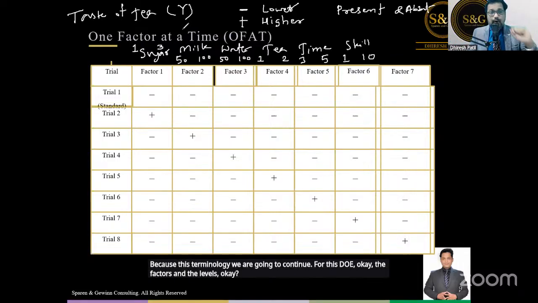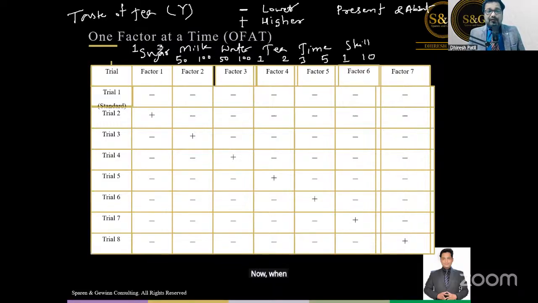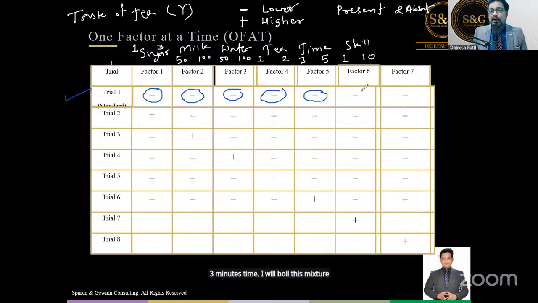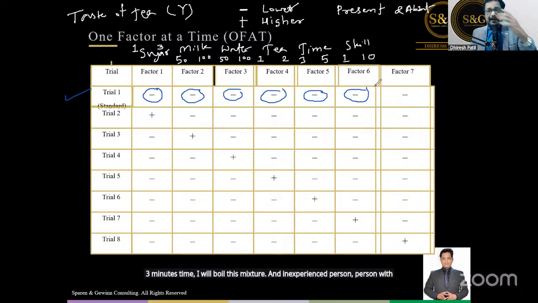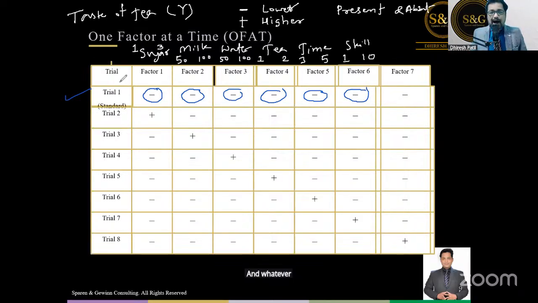Now, when factor 1 is sugar, and I'm saying minus sign in trial 1, I mean I will add 1 tablespoon of sugar, milk 50 ml, water 50 ml, tea powder 1 tablespoon. I will boil the mixture for 3 minutes, and take an inexperienced person with less experience, and so on for the other factors.